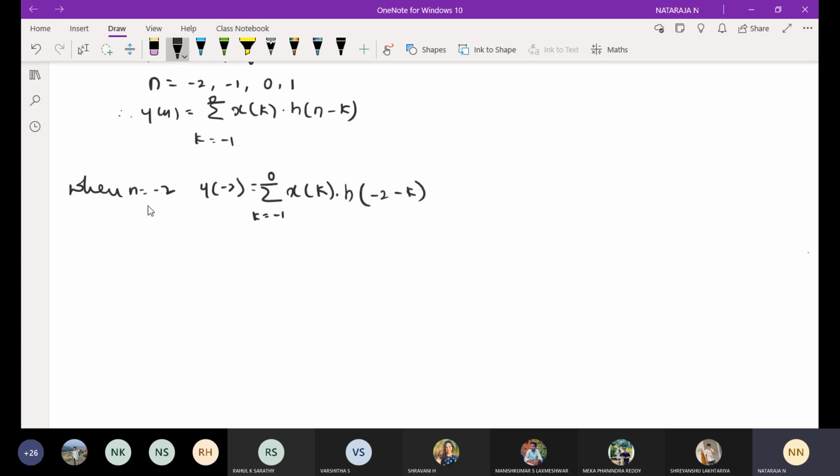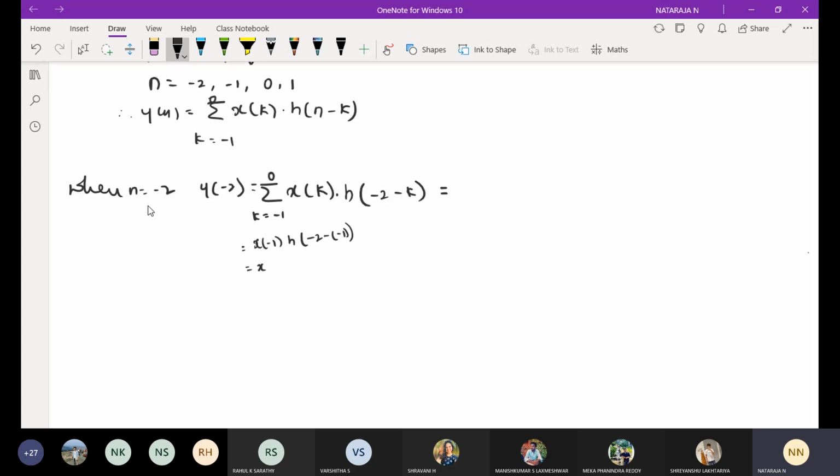Find the value for y of -2. X of -1 into h of -2 minus of -1.